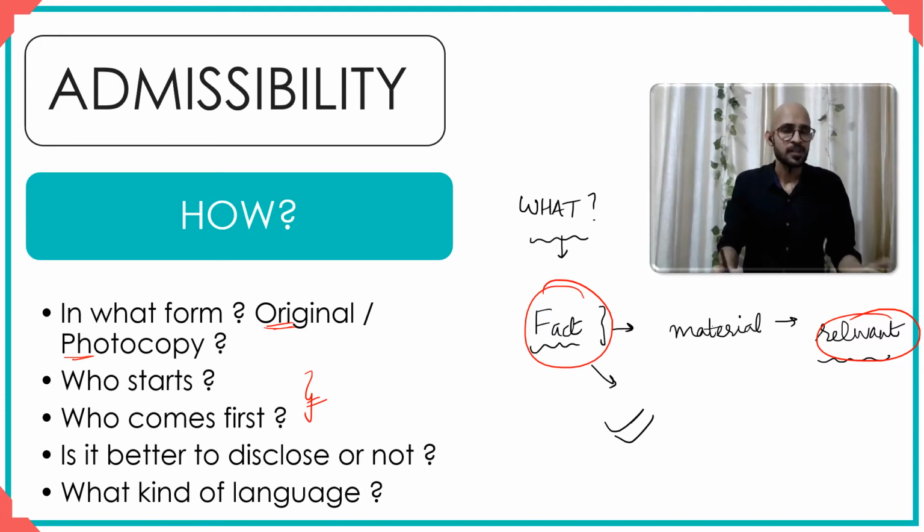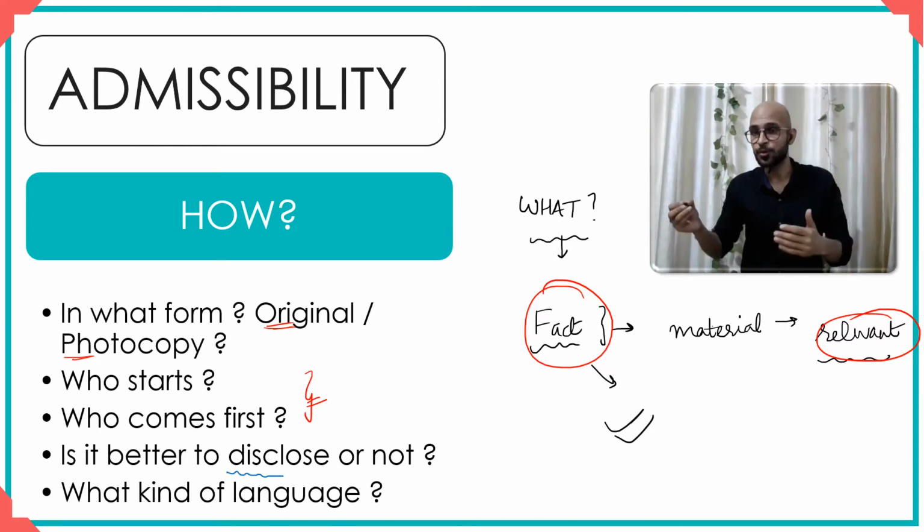Also, sometimes it may be in the better interests of holistic justice not to disclose something. You see, sometimes disclosure, of course, transparency is good, but sometimes disclosure can also cause some problems. Let me give you a very simple example from our childhood. You ask your parents a certain question and they believe that it's better for that not to be answered.